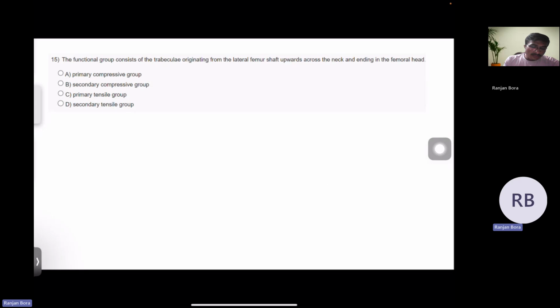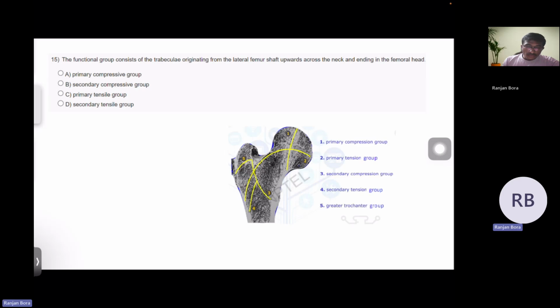Next question is, the functional group consists of the trabecular orientation originating from the lateral femur shaft upwards across the neck and ending in the femoral head. So these are the functional groups which we can see around in the femur bone.